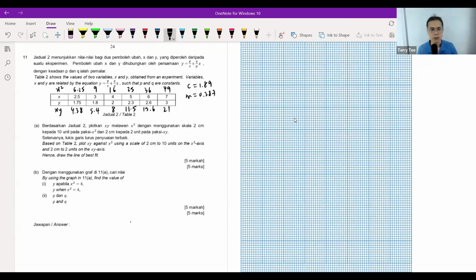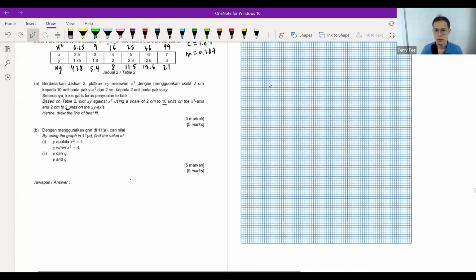Okay, now next we are going to draw the graph now. The question mentioned x, y axis, x squared, you use 10. X, y axis, you use 2. So let's start from the bottom here. This is 0. This is 10.